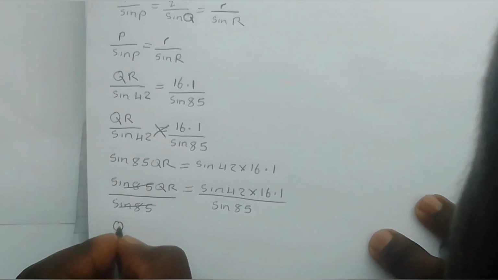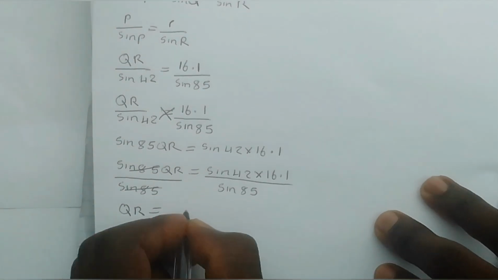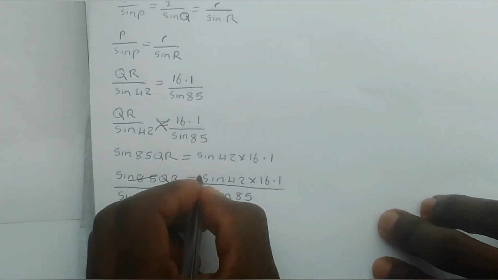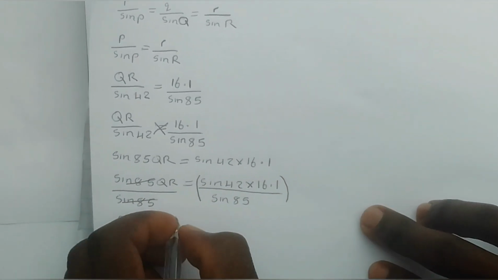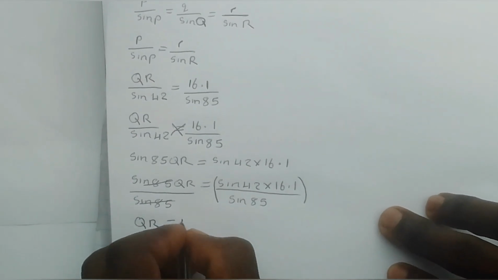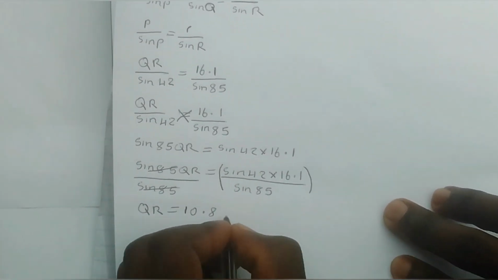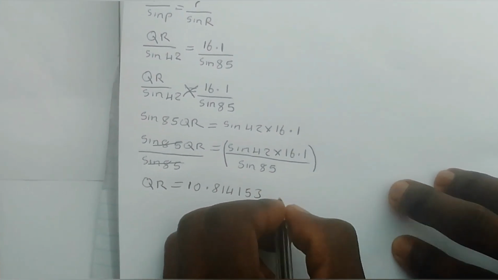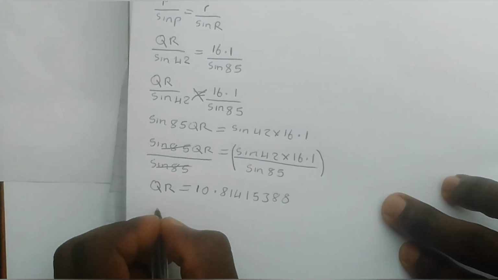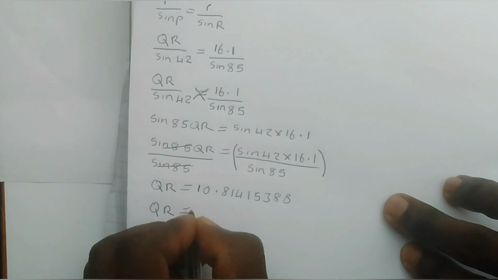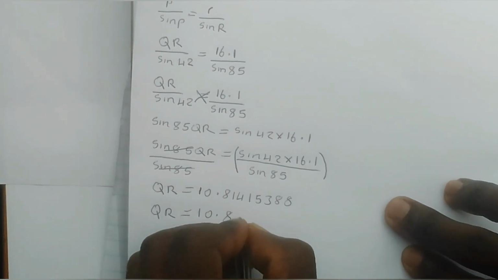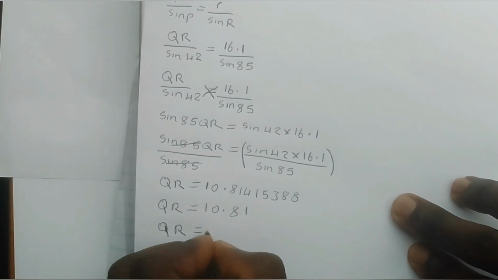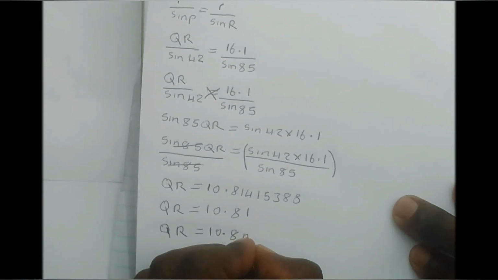After cancelling, we have QR is equal to sine 42 times 16.1, the answer divided by sine 85, which gives something like 10.8115385. Then QR is equal to 10.81, so QR is equal to 10.8 meters.